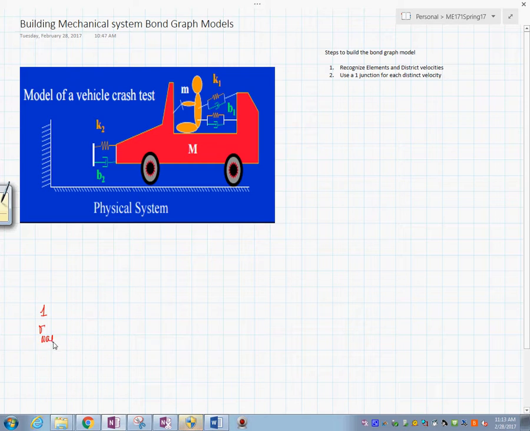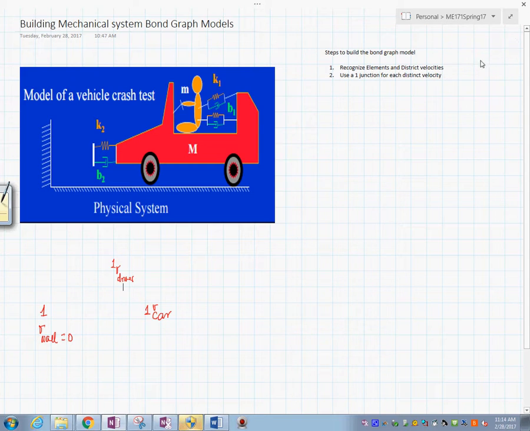Velocity of the wall is equal to 0. I'll do a distinct velocity, a 1 junction, for the car. This is the velocity of the car. I'm going to say a 1 junction for the velocity of the driver. That's basically what I need as a basic structure.